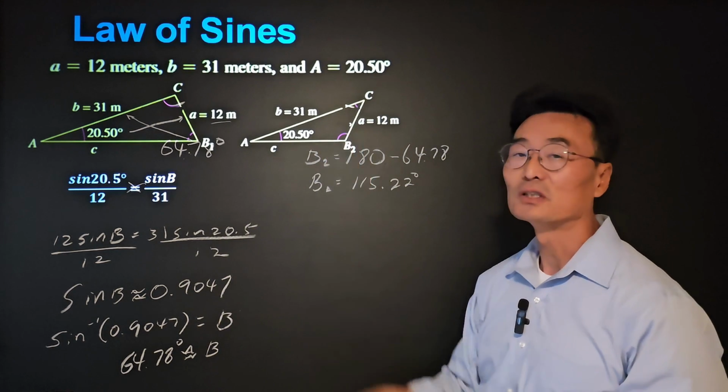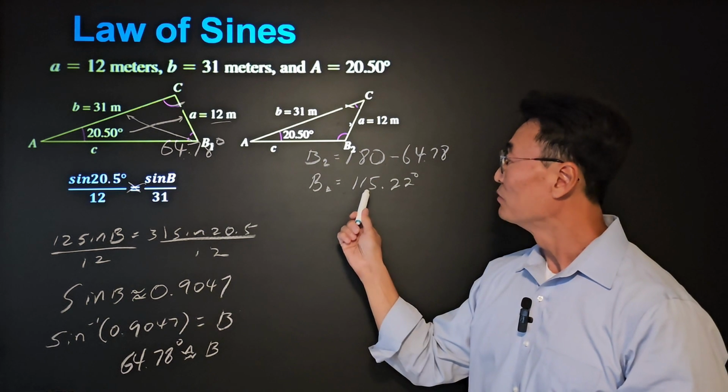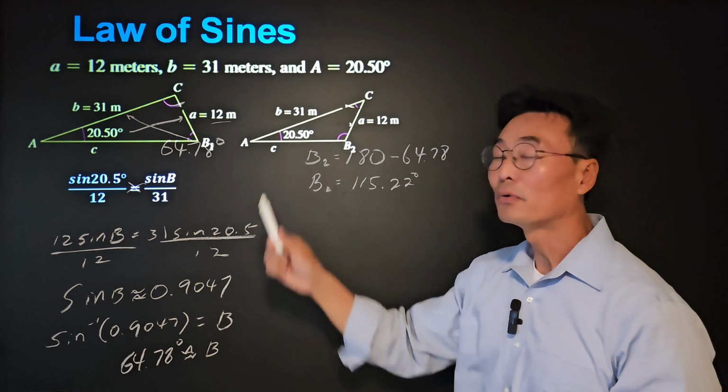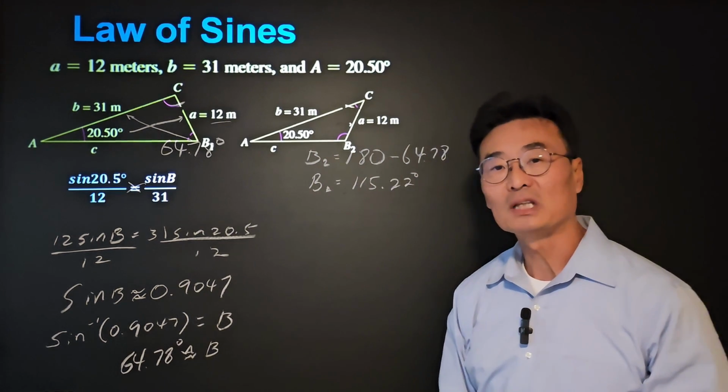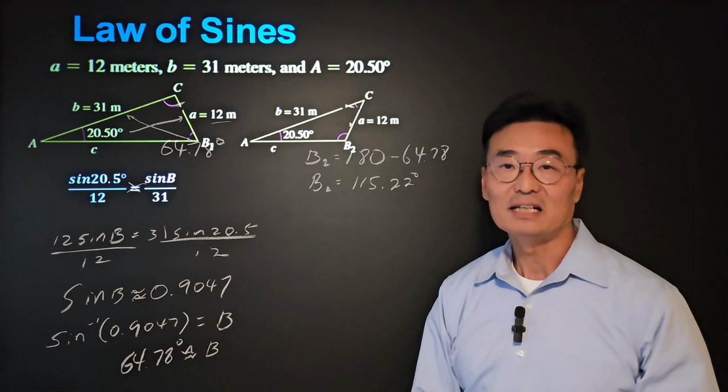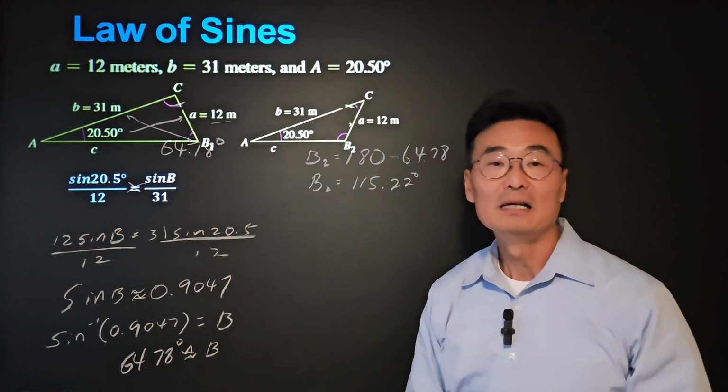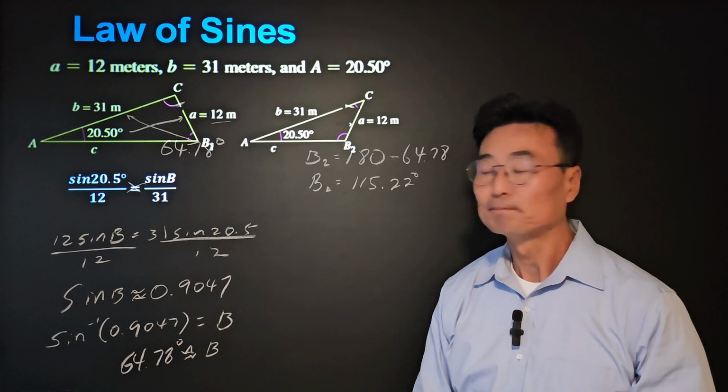Again, for angle C, we could take 180 and subtract 115.22 and also 20.5 to find angle C, and use law of sine one more time to find side C, which will be different from the side C of the first triangle.